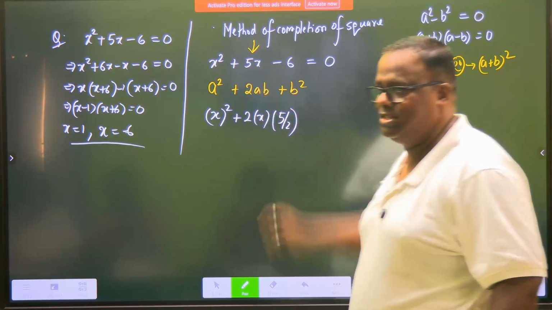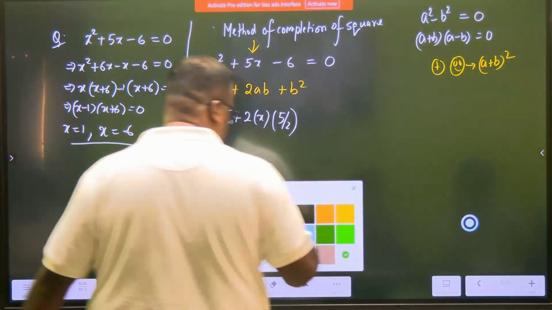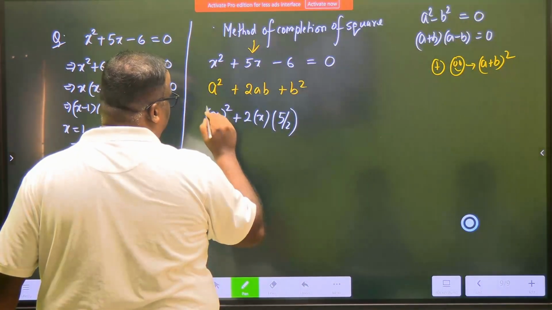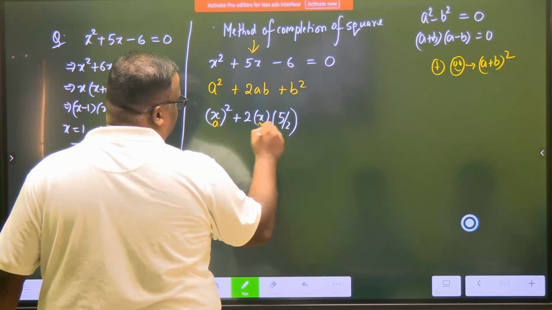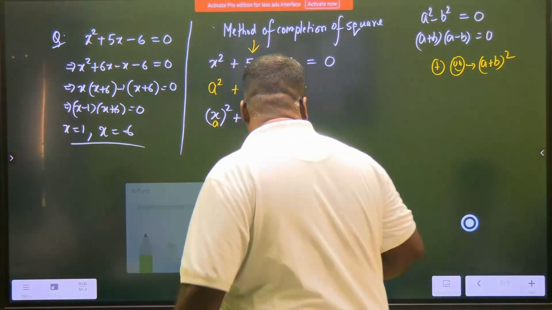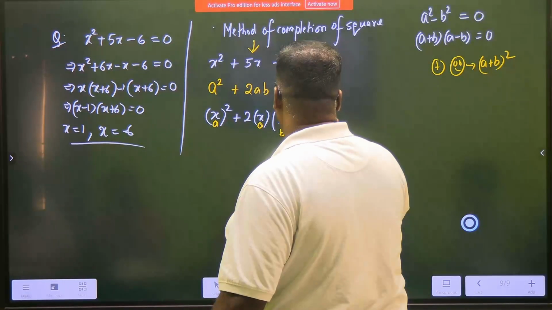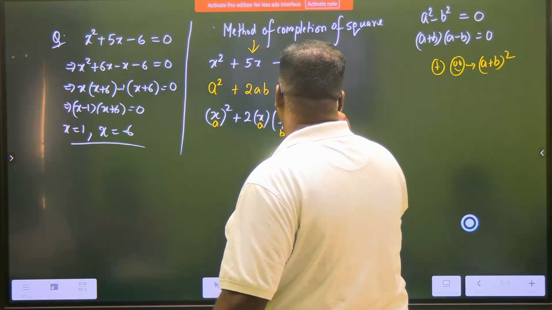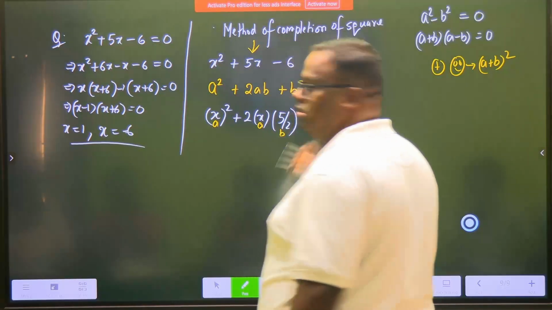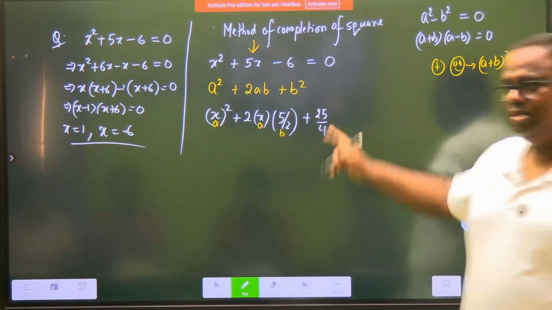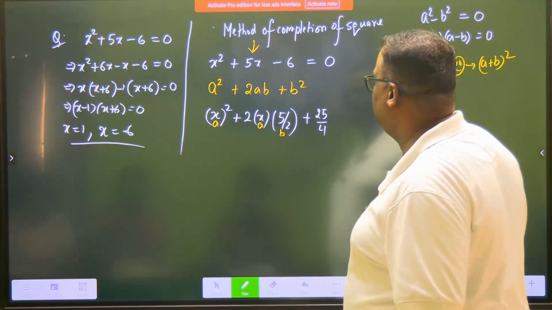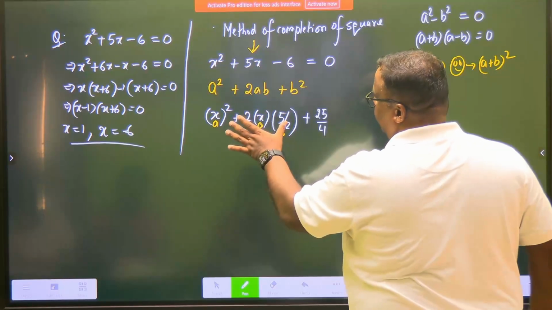It becomes 5x. So two things we have understood in this, that a is x, and this is b. The formula says that I should now write b square. So my b square would be 25 by 4. This is b square, right? Up till here tallied.